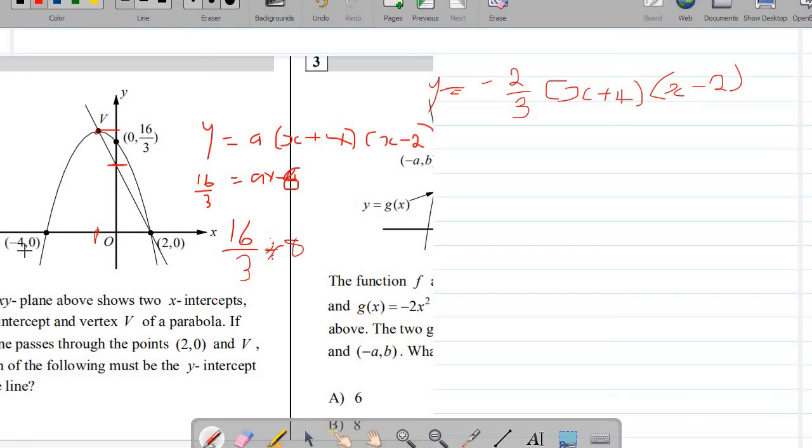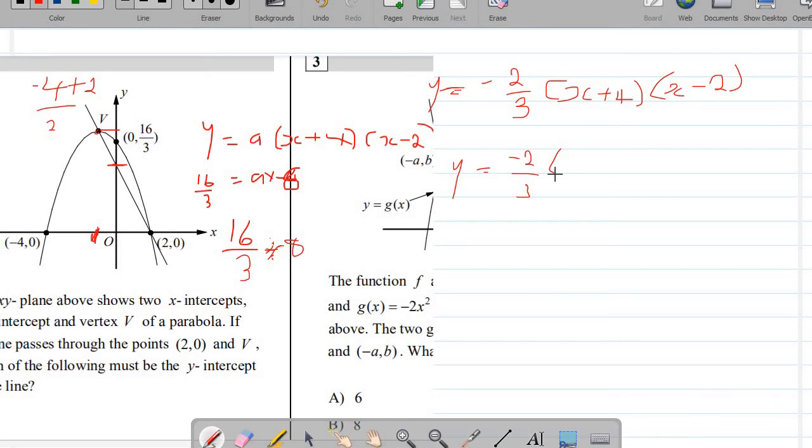In order to get the midpoint, from minus 4 to 2 is 6, so if you count 3 from both sides, you can easily do that by doing minus 4 plus 2 and then dividing by 2, you will get minus 1. This is the middle point for my x. x is minus 1 at the vertex. So drop minus 1 into this equation and you're going to get what y is. So y is equal to minus 2 over 3 into minus 1.